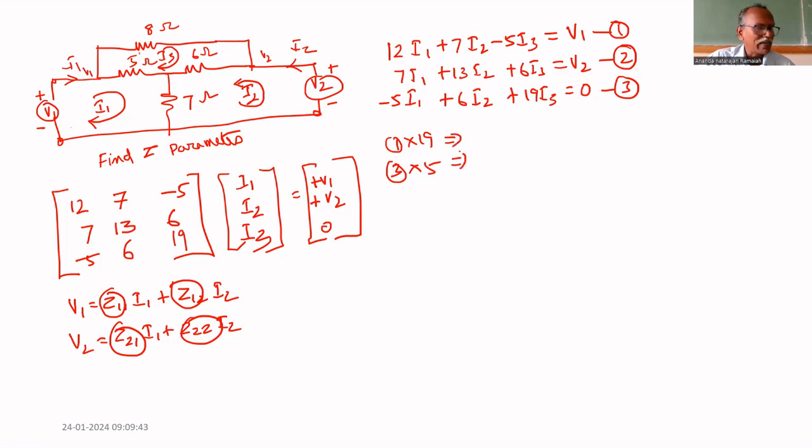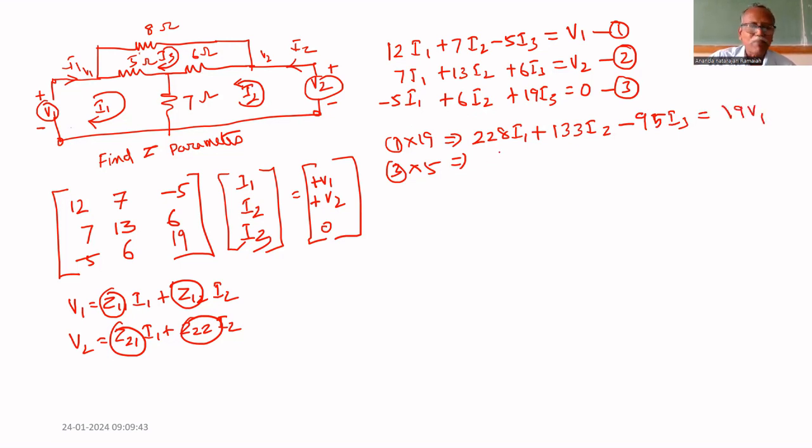What you will get is 228 I1 plus 133 I2 minus 95 I3 equal to 19 V1.